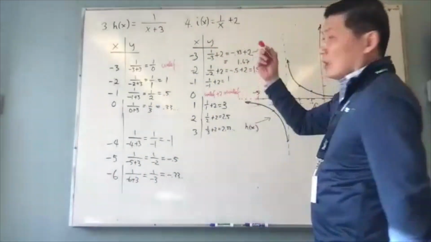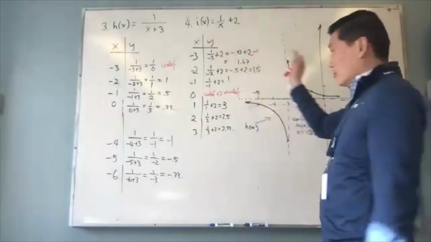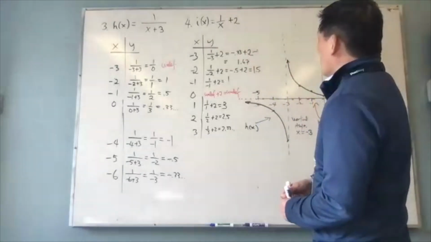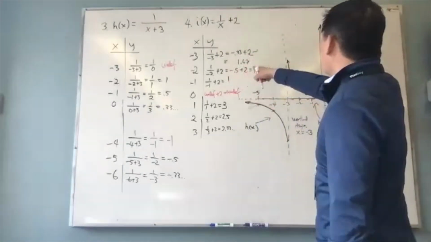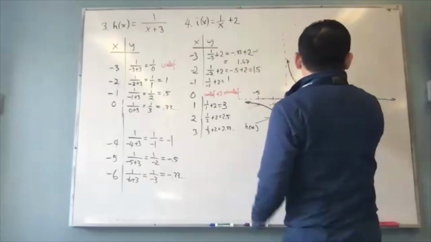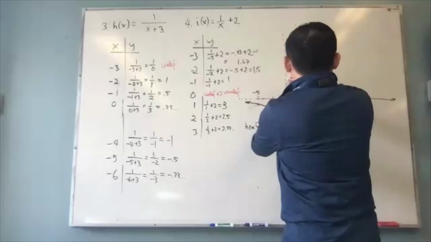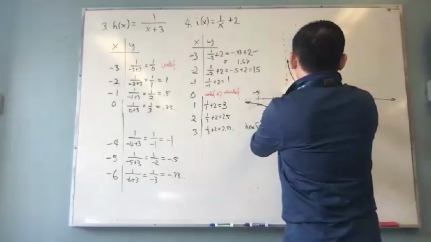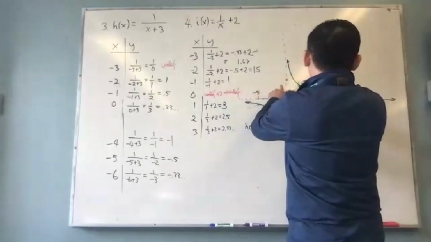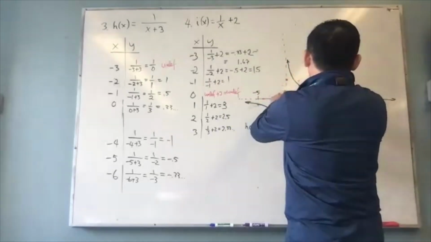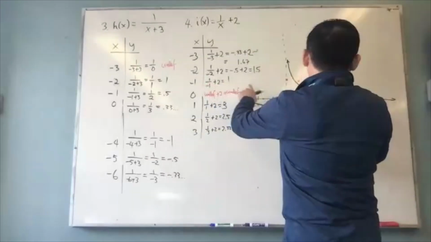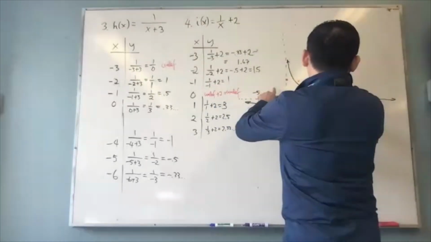Okay, so I'm going to plot this. I'm going to use the red pen to plot on the same graph, okay? -3 and 1.67. So -3, 1.67 is probably around here. -2, 1.5 is probably around here. -1, 1 is right here.